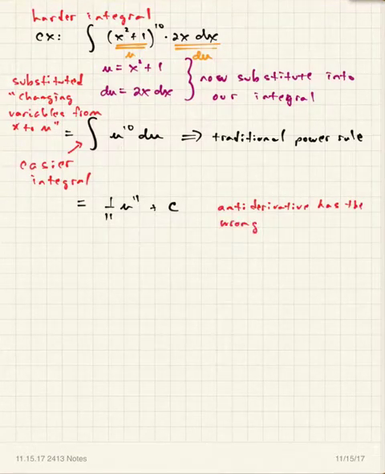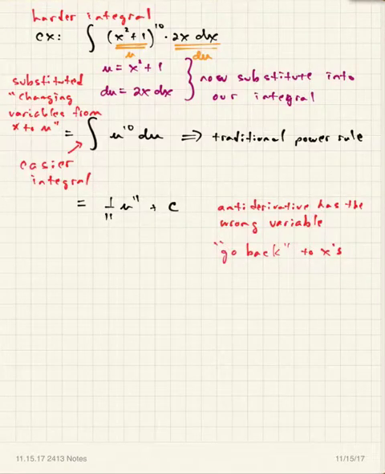This is a function of u, but our antiderivative at the beginning had to be a function of x, because everything was a function of x there. So we go back, in quotes, to x's.